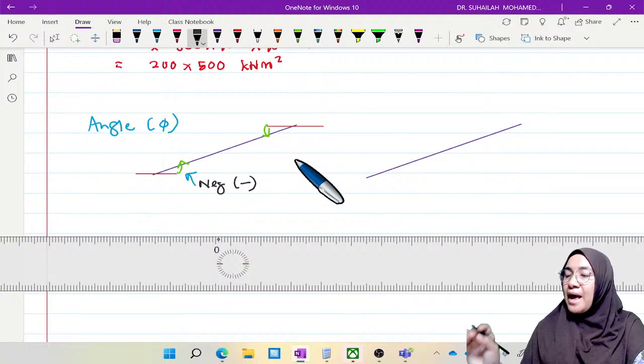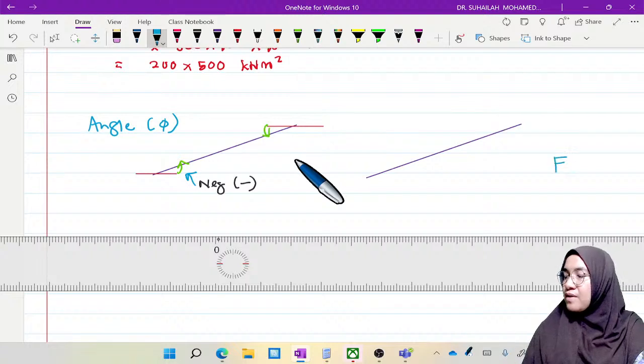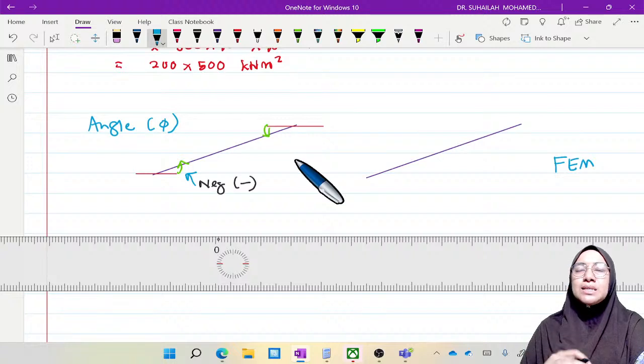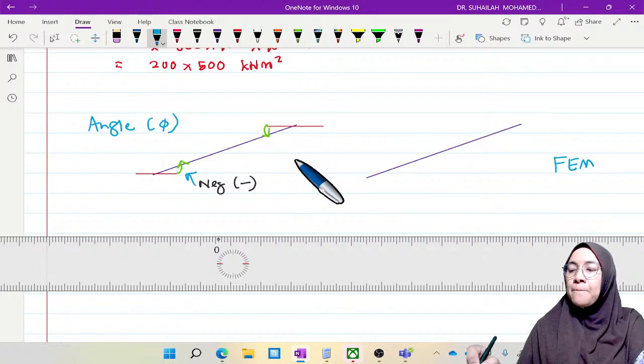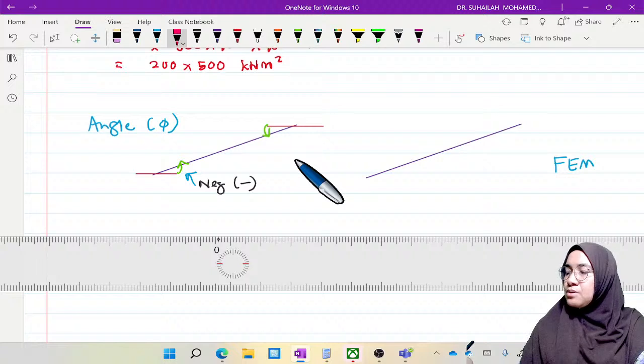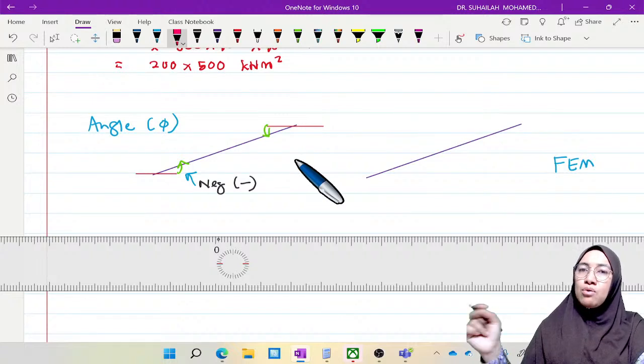For FEM, we must apply a moment to counter the beam back after settlement to its original, horizontal position. The easiest way is by looking at the angle.